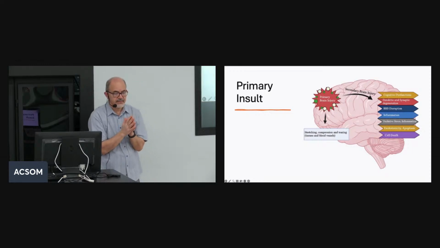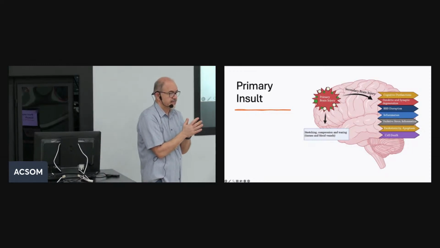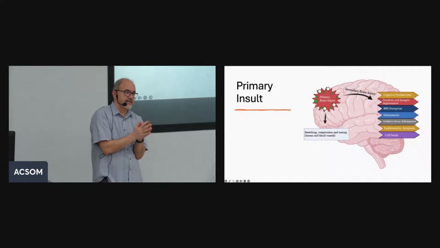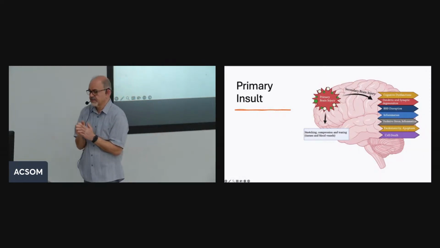But unfortunately, the majority of the injury to the brain happens secondarily, happens afterward. And those are factors such as inflammation, damage to the blood-brain barrier, swelling of the brain. The secondary injuries are most of the time worse than the primary injury.